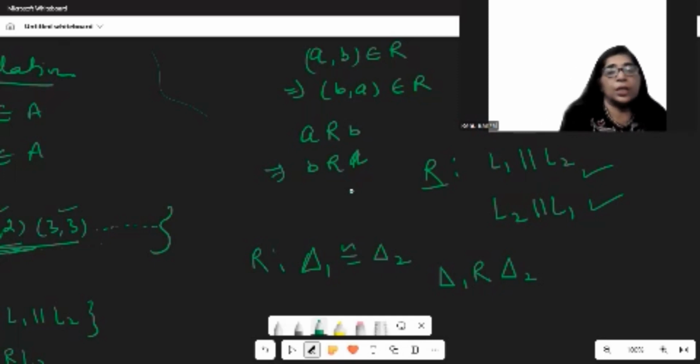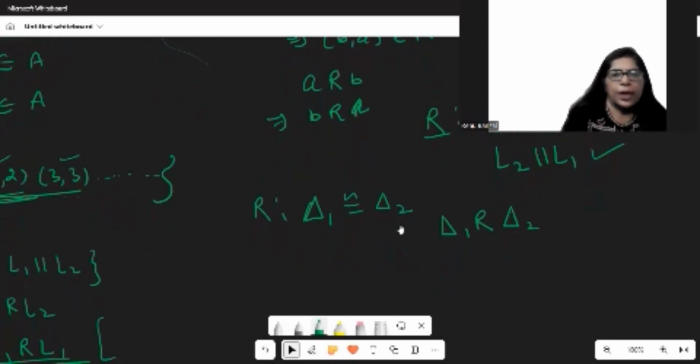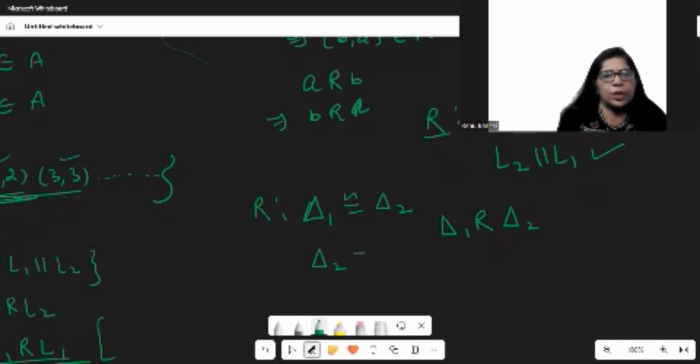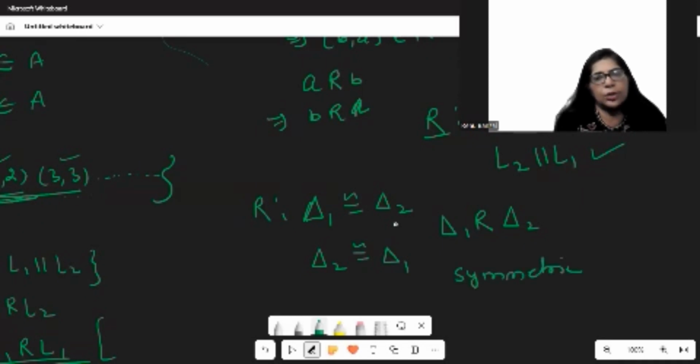Then can we say triangle 2 is congruent to triangle 1? Yes. So that means this relation is symmetric. Clear, everyone?